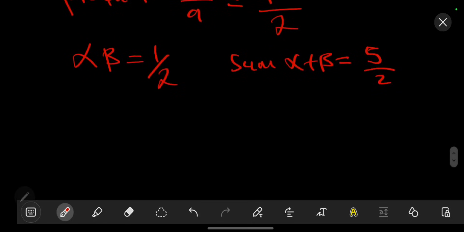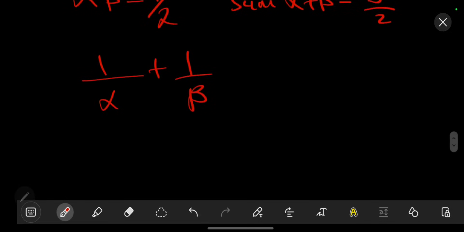So therefore, let's say you are asked to find, now we have 1 over alpha plus 1 over beta. We are asked to find the value. So we are going to say, let's find the common denominator.